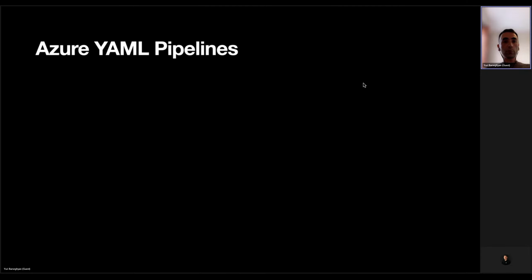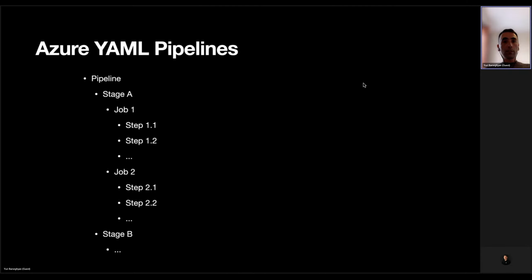So let's take a look at Azure YAML pipelines. Here we can see the structure of the pipeline, and the pipeline is one or more stages that describe your CI/CD process. A simple pipeline can consist only of steps. You don't really need to have such a nested structure. If there are 2 steps that you run, for example Docker build and Docker push, then you can just use steps.